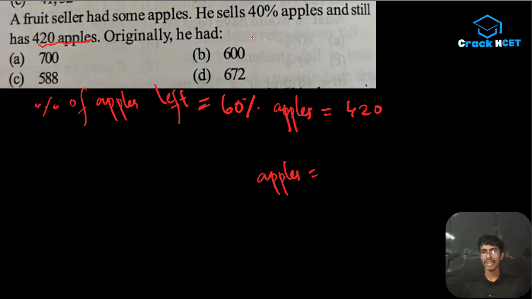So 60% apple means 60 by 100 of, let us say, assume the value of apples be x. ठीक है?